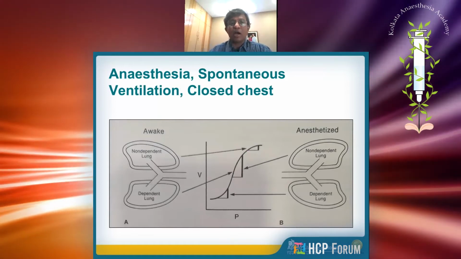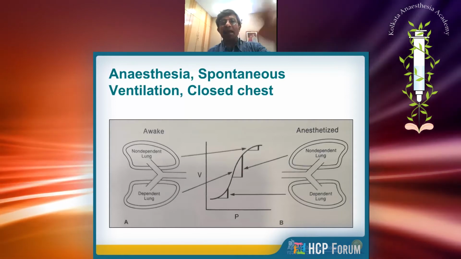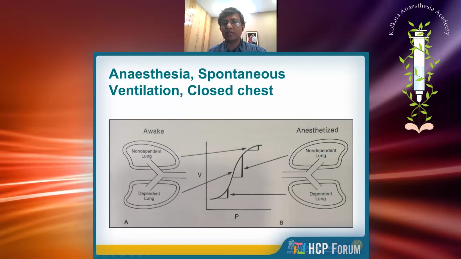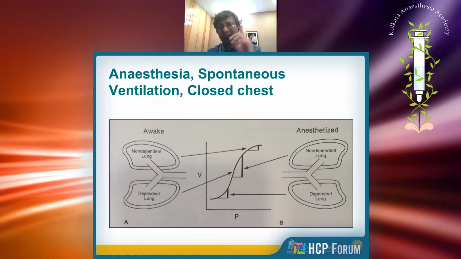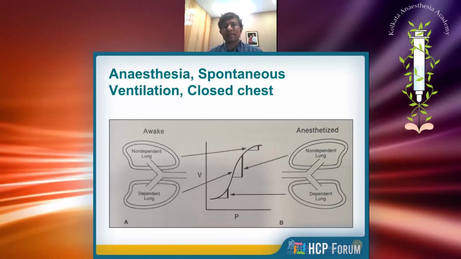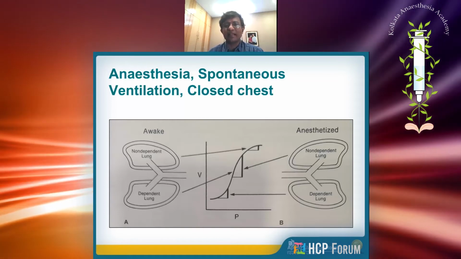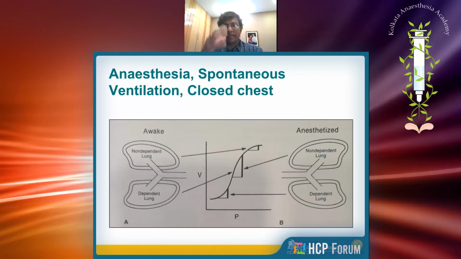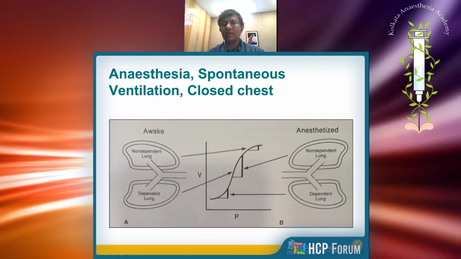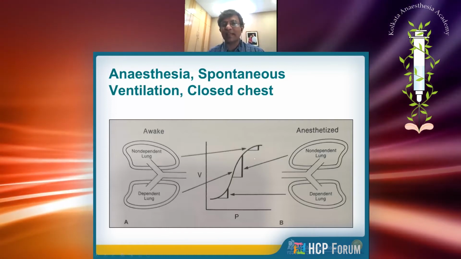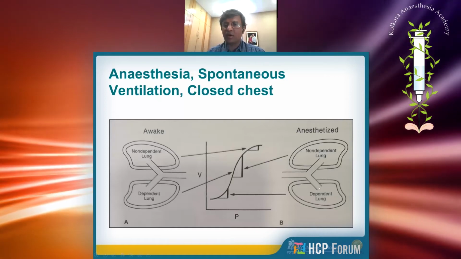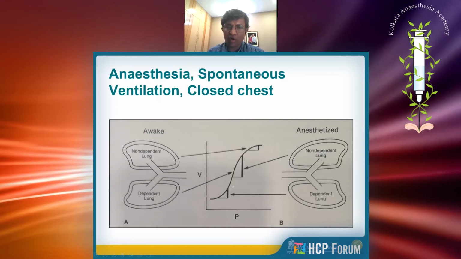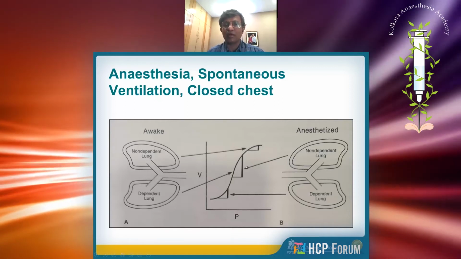What if I now give some anesthesia and the patient is spontaneously breathing with a closed chest? Remember the first thing we said: the moment you give anesthesia, it decreases the FRC. By decreasing the FRC in both the dependent and the non-dependent lung, from the awake state, both go down a step lower in the pressure volume curve.